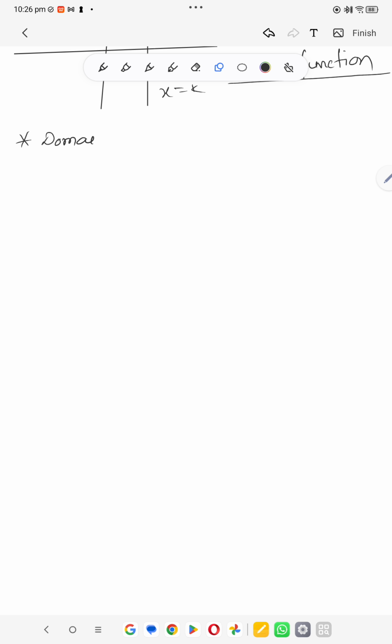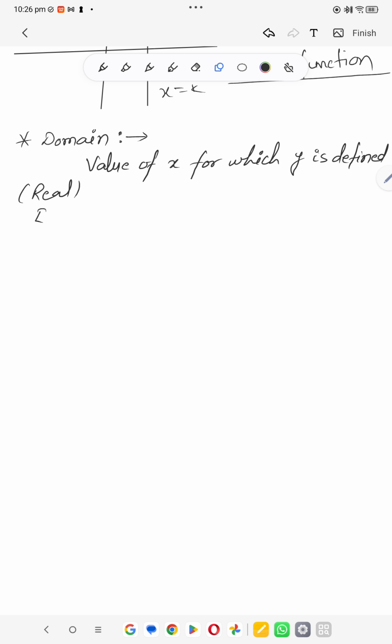Now coming to the next concept, that is the domain. We can define the domain as the value of x for which y is defined, that is, real.